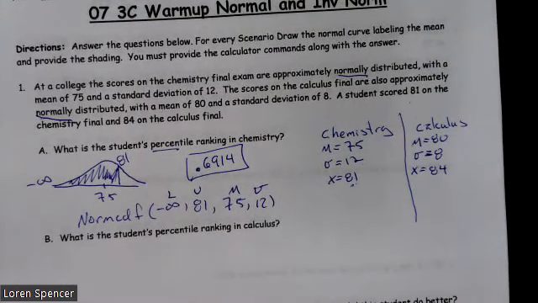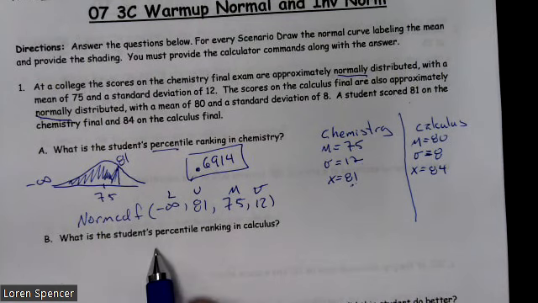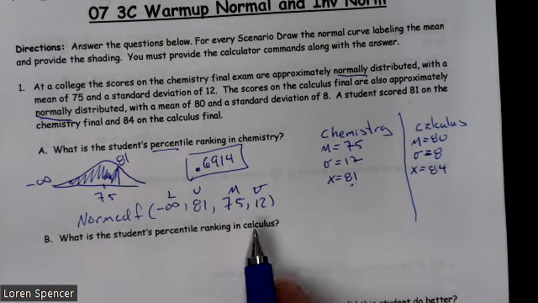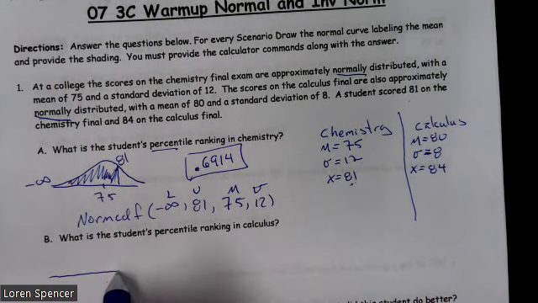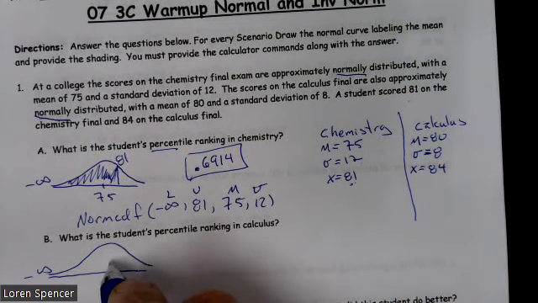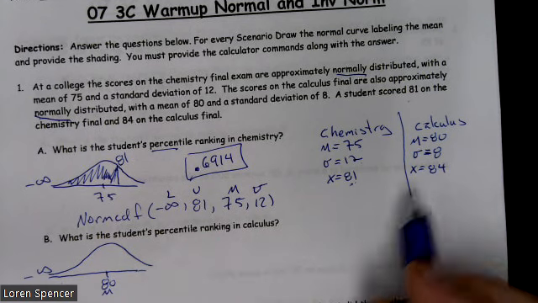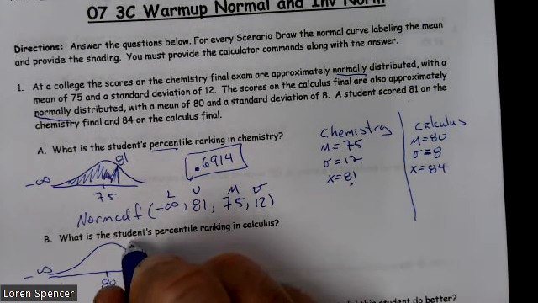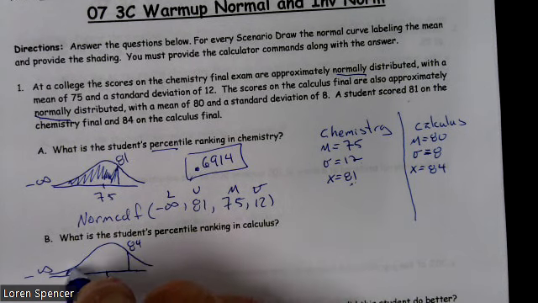All right, the next one. What is the student's percentile ranking in calculus? Well, once again, percentile rankings start at negative infinity. So we're going to start off at negative infinity. And we have a mean this time of 80. And the student scored an 84, so he's over halfway again.